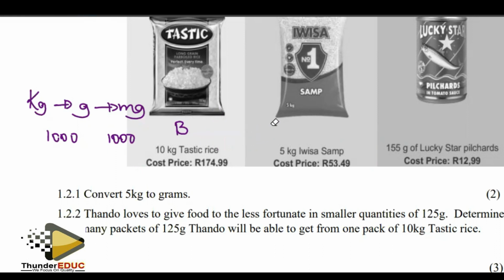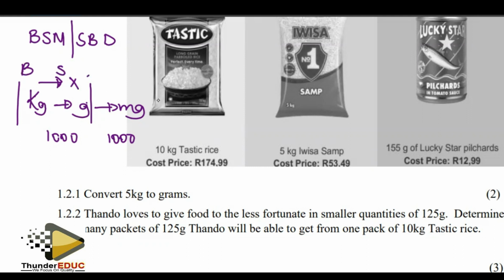Remember, big to small, multiply. Small to big, divide. So kilogram to gram, we are heading to the right-hand side, simply meaning we are going from big to small, because a gram is smaller than a kilogram.